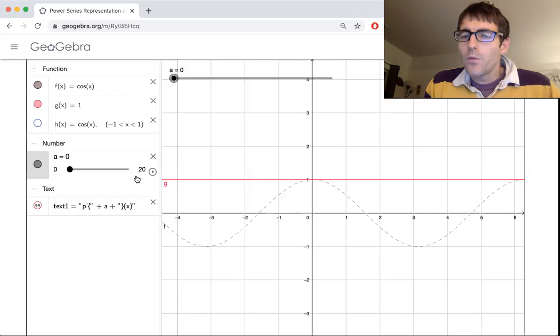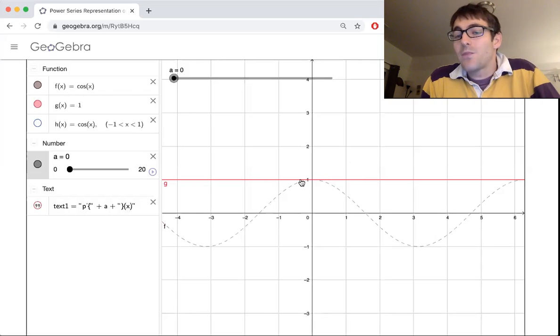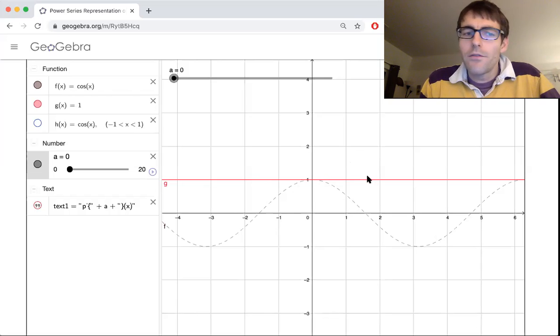How can we approximate this function? Well, let's take the constant function that lines up at x equals 0. So everything's centered at x equals 0. In this case, this constant function is the best we can do. As we get further away from x equals 0, we actually get pretty far off.